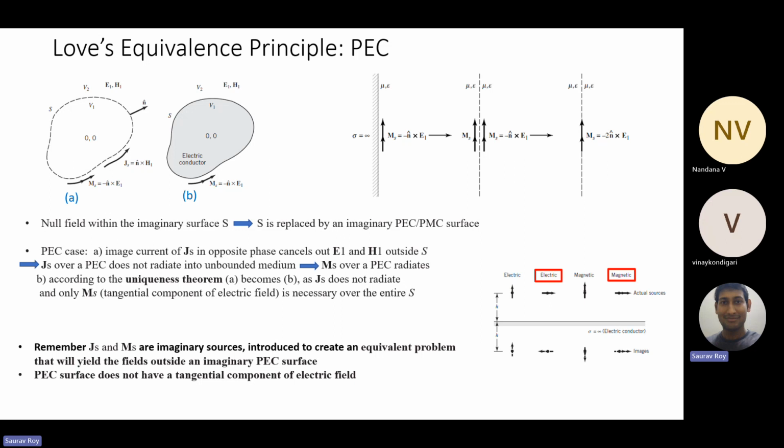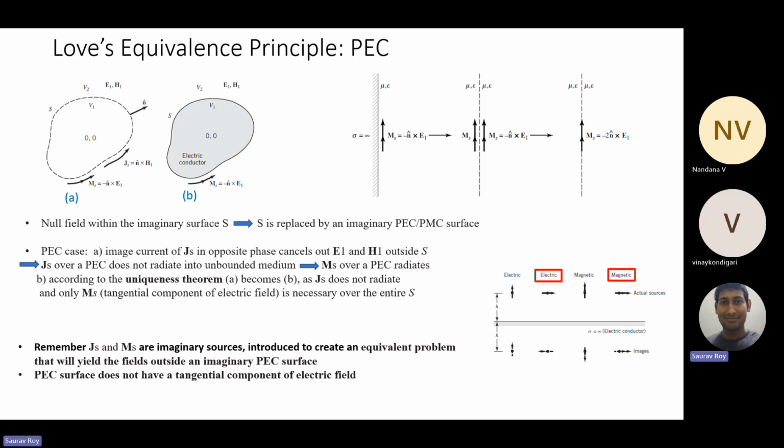This single arrow is the electric current density, and the double arrow means magnetic current density. That is what is written. Now you see it can be either horizontal to this surface or normal, vertical to the surface, so you see how it is different. The top layer shows the actual sources and the bottom layer shows the image sources.